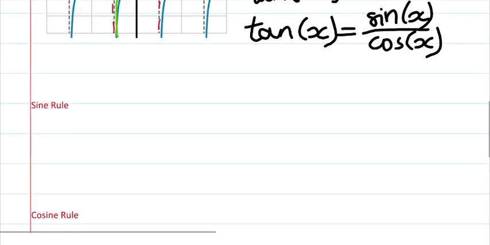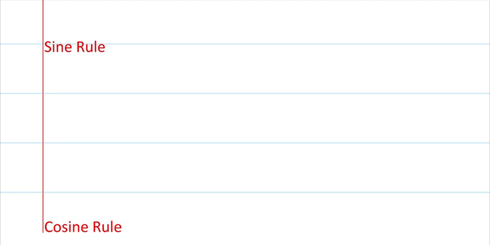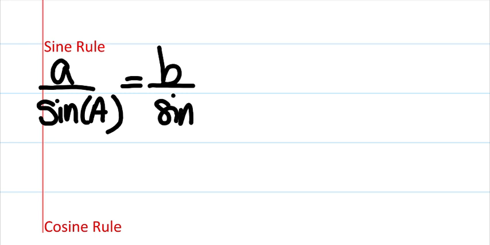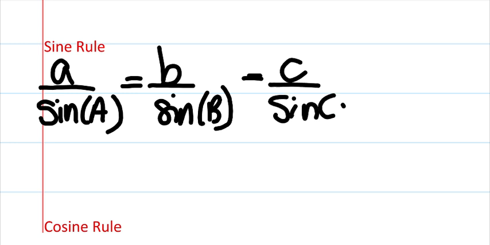Now let's move on to some key formulas that you need to know. Let's start off with the sine rule. The sine rule is as follows. a divided by sine of A is equal to b divided by sine of B is equal to c divided by sine of C, where the lowercase letters on top are the sides and the uppercase letters on the bottom are the angles.